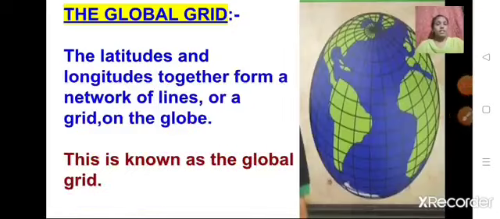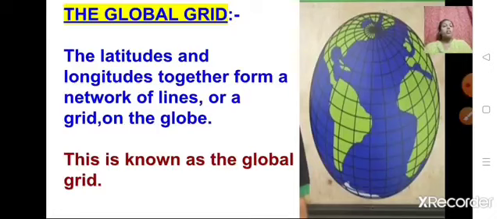Now let us see what is the global grid. The latitudes and the longitudes together form a network of lines or a grid on the globe. We know what latitudes and longitudes are. Okay children? So these latitudes and longitudes together make up a grid which covers the entire Earth's surface.